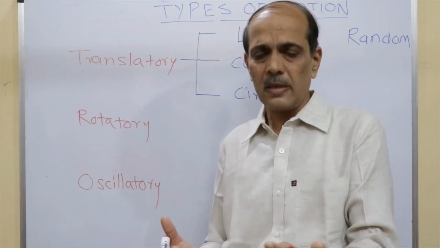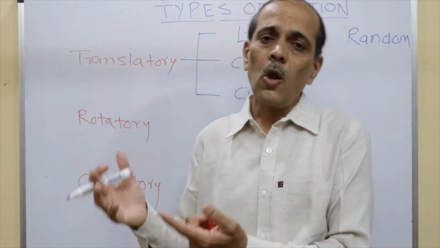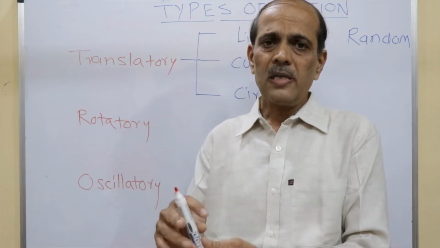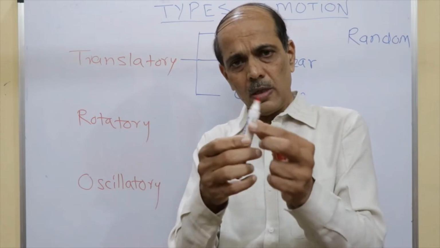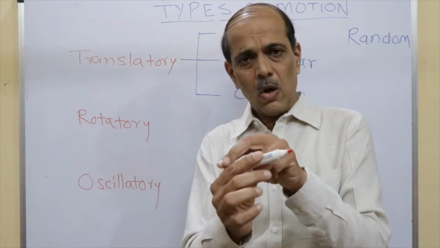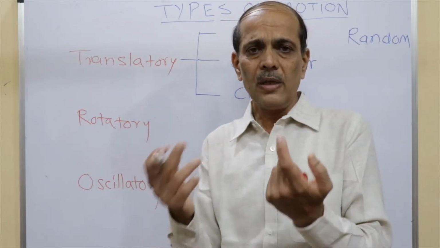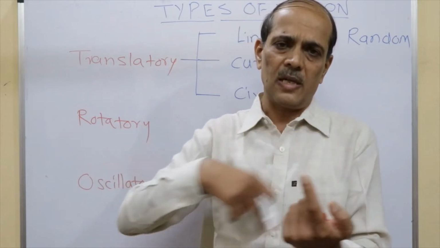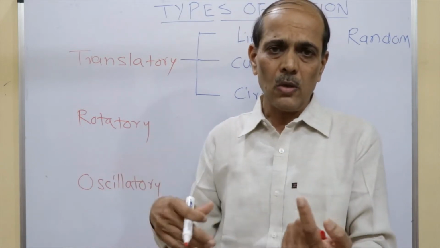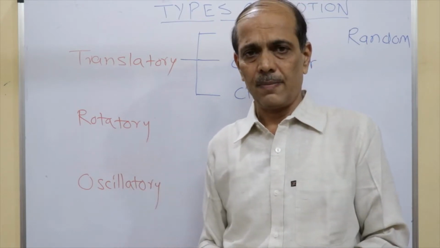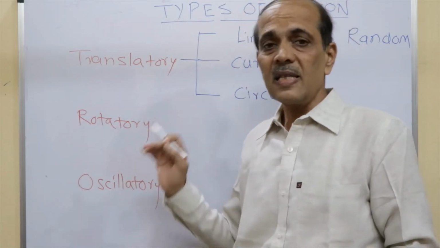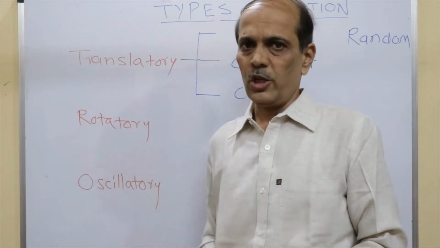Circular motion is, say, take an example of an analog clock. Its different hands will have a circular motion like this, or when the earth is orbiting around the sun, that is circular motion or orbital motion, that is completing one circle. These are translatory or translational motions.